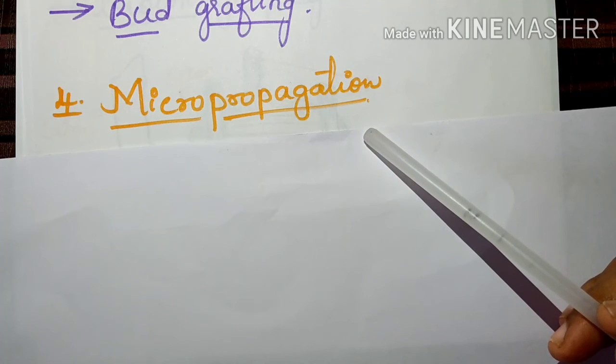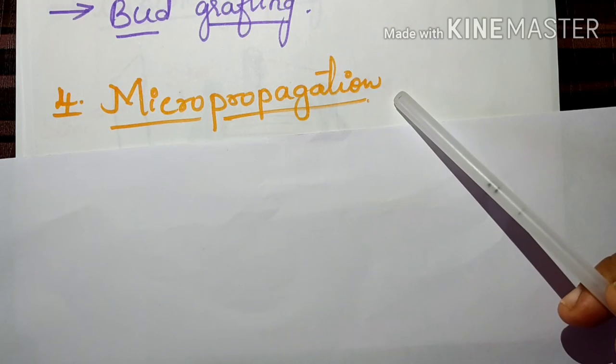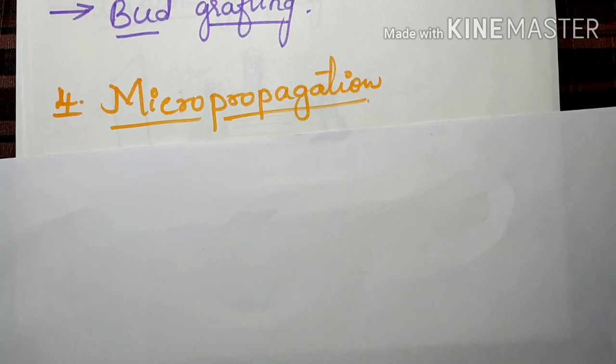The culturing of these plant parts results in the formation of callus, which is an undifferentiated mass of cells, which later differentiates to form a large number of plantlets. It is useful in obtaining virus and disease-free plants, homozygous diploids, and quick commercial production of orchids and carnations. This is about micro propagation.